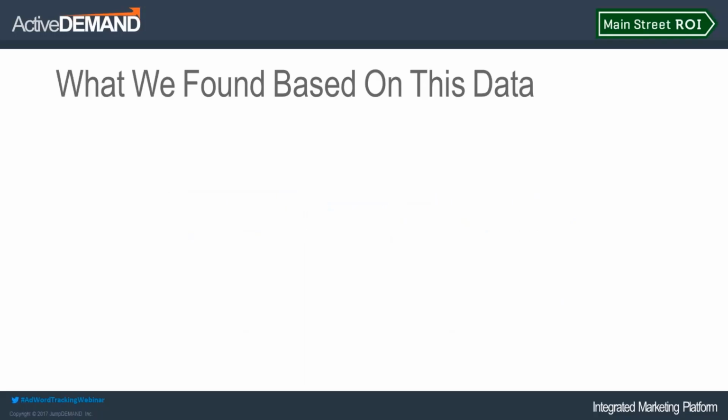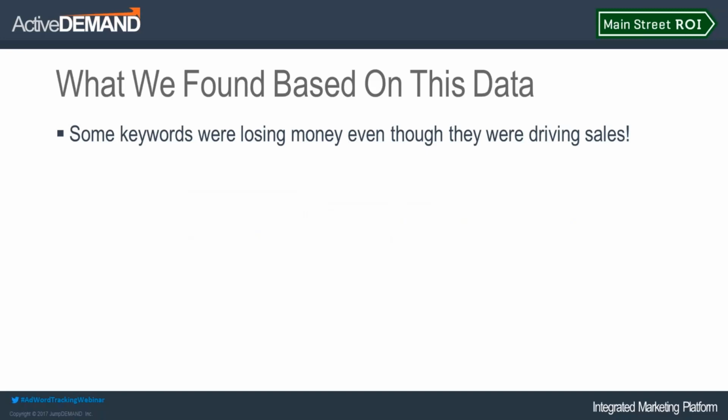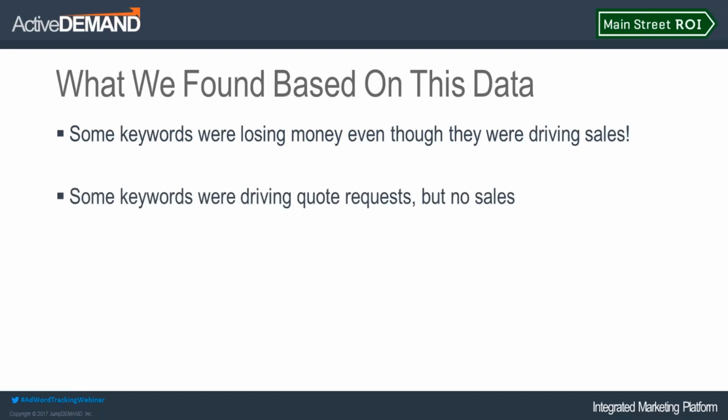So here are some case study results based on setting up that conversion tracking and then optimizing the campaign based on that data. Once we got that set up, pretty quickly we figured out that there were some keywords that were losing money even though they were driving sales. That was a big eye-opener for us. And then we also found out that some keywords were driving quote requests but no sales.